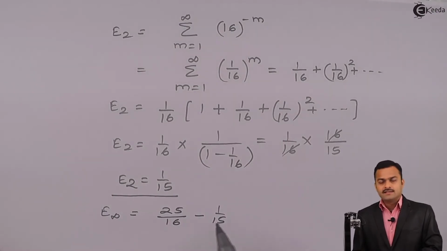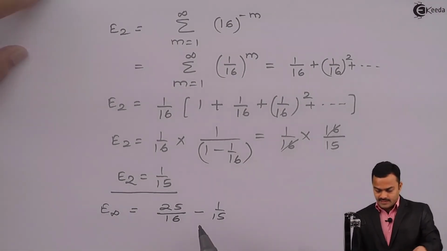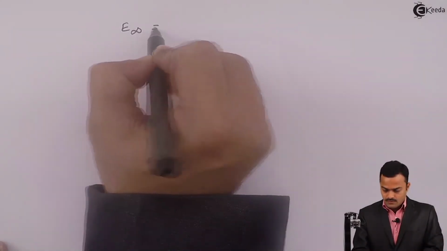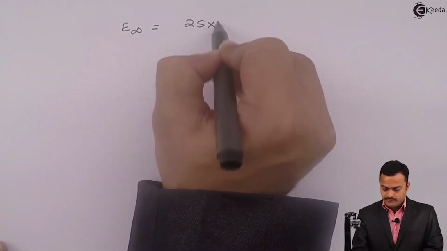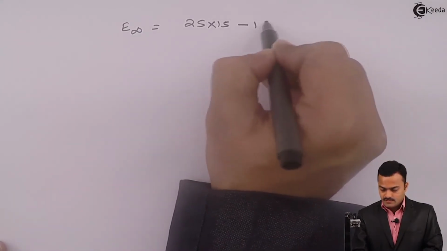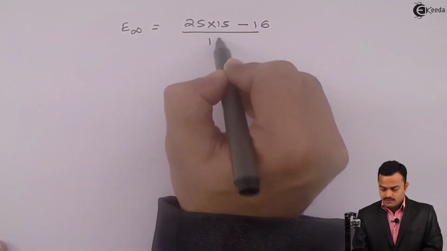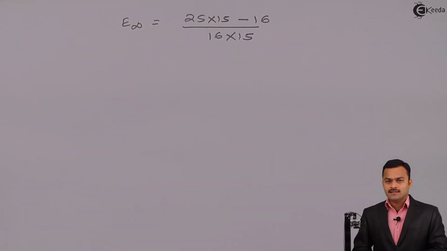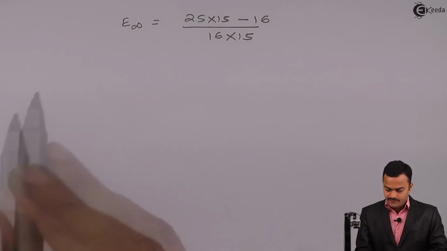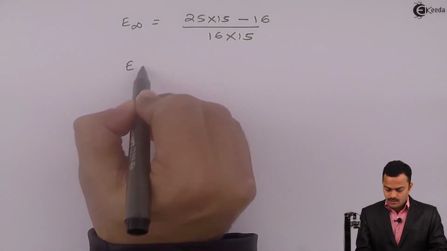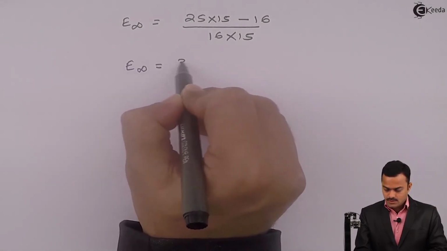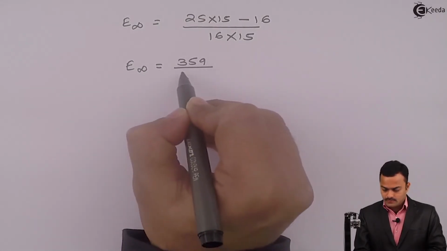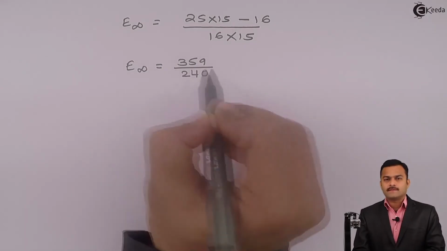If you solve this, you will get E infinity as (25 multiplied by 15 minus 16) upon (16 multiplied by 15), which is 359 upon 240.